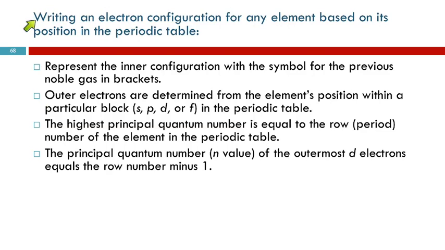Writing an electron configuration for any element based on its position in the periodic table. Represent the inner configuration with the symbol for the previous noble gas in brackets. The outer electrons are determined from the element's position in a particular block. The highest principal quantum number equals the row. The principal quantum number of the outermost d electrons equals the row number minus 1. Now, you may go refer to those instructions and say, well, that didn't help me at all. Then text me.